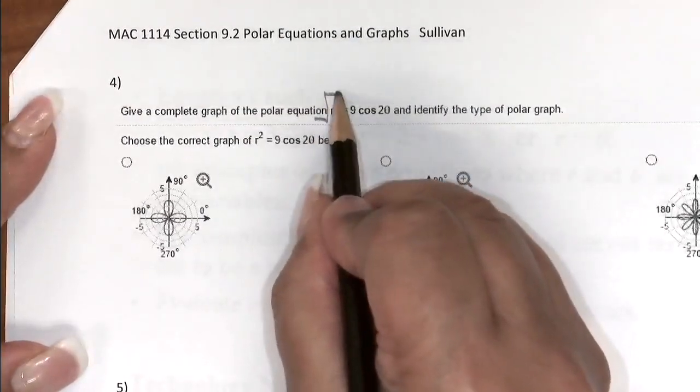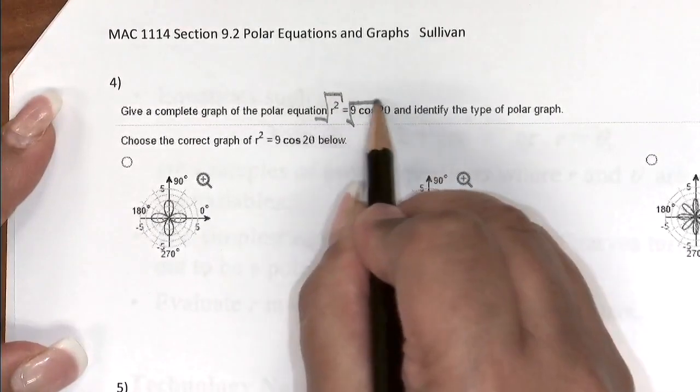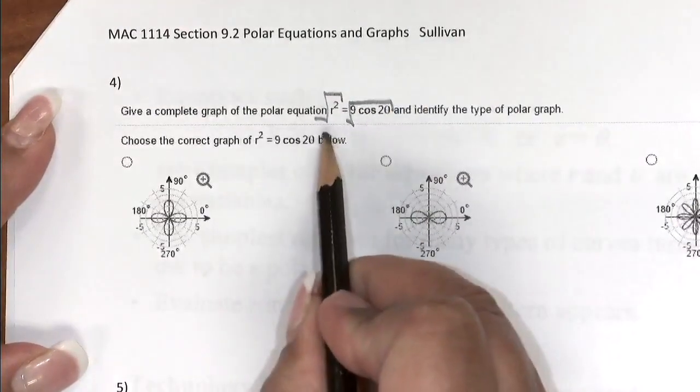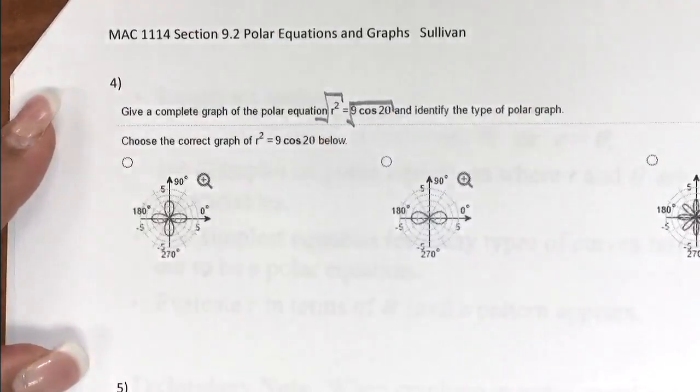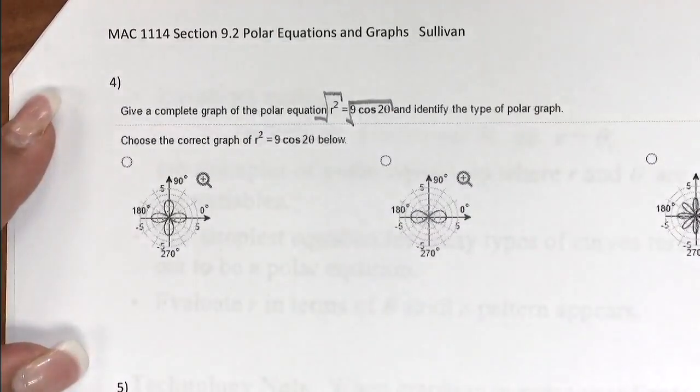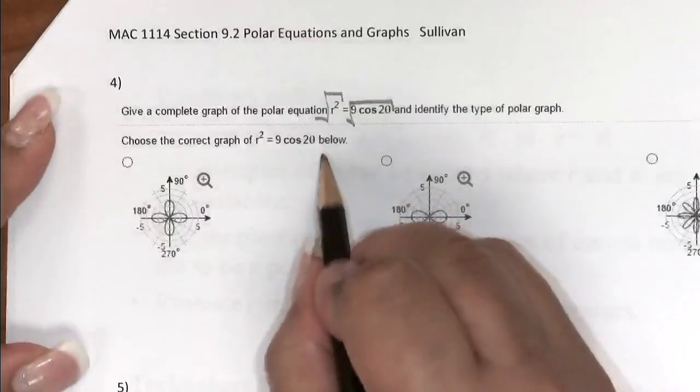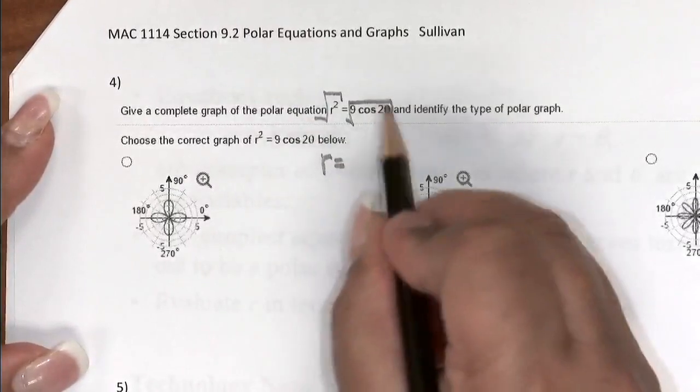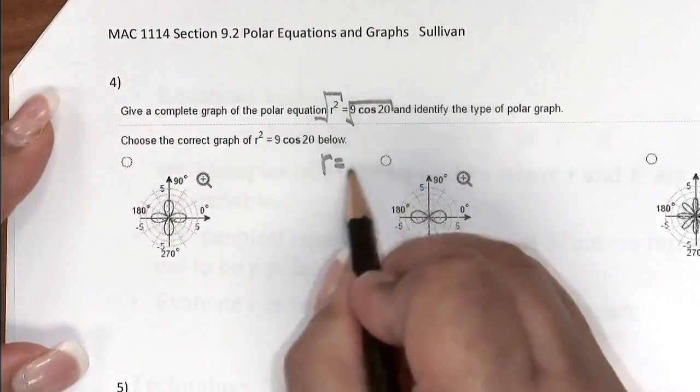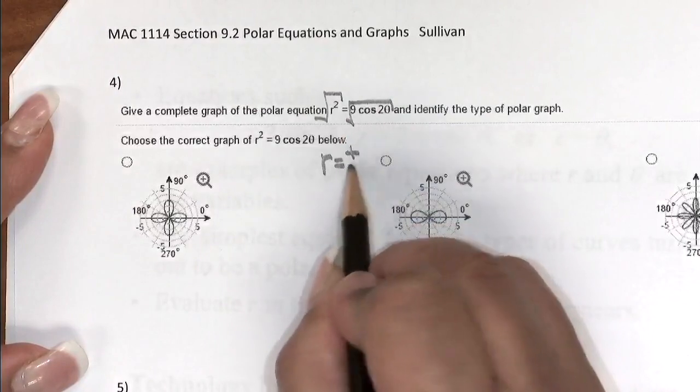So just take the square root here. Don't forget that when you're solving an equation that used to be r squared and you're trying to solve for r, you get plus or minus as the answer, or you're only going to get half the graph. So this is going to be r over here on the other side, not where the squared term is. On the other side is where you do the plus or minus.